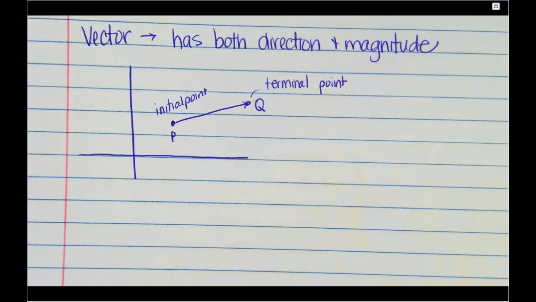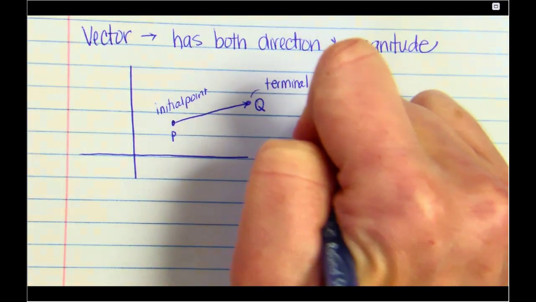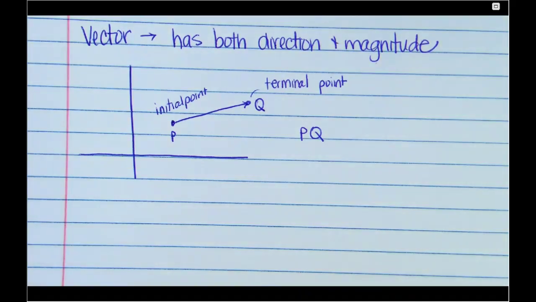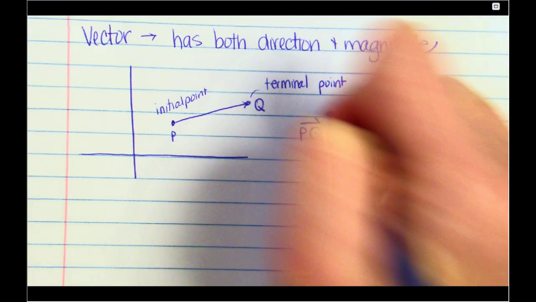So the way that we would write this, just like geometry where you can name angles with a letter or with 3 letters, there's a couple different ways you can name vectors. So you could name it like this, PQ, and to denote that it's a vector, you draw it like this.